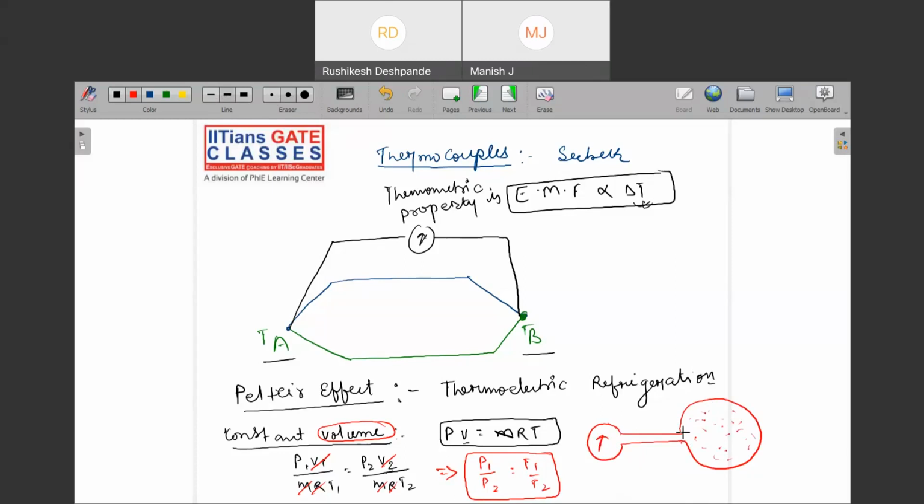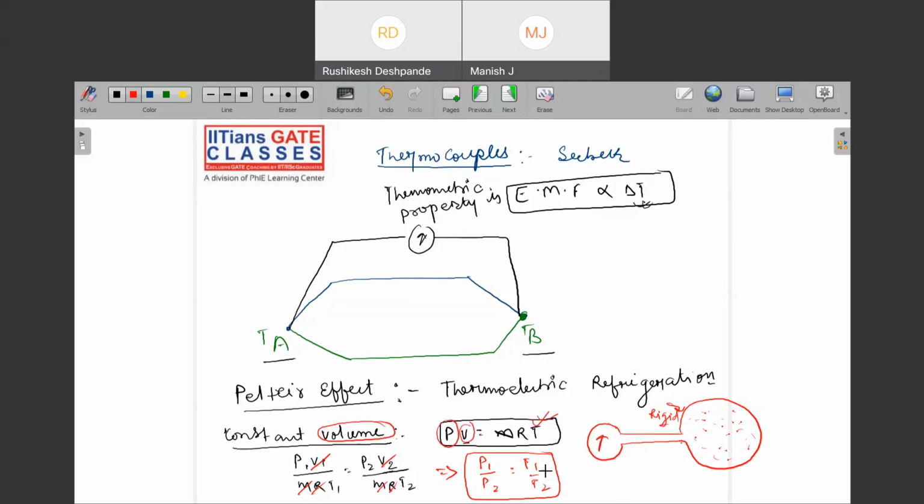If there is some temperature change, and the container is rigid, that means it cannot change its volume. Pressure, volume and temperature, three things are there. If volume is fixed and temperature changes, pressure must change, so the pressure gauge will show some deflection.